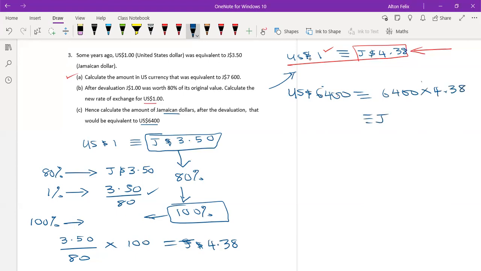That will be equivalent to Jamaican, let's calculate. 6,400 multiplied by 4.38. 28,032 Jamaican dollars. 28,032 Jamaican dollars.